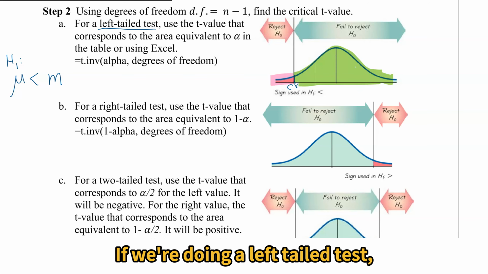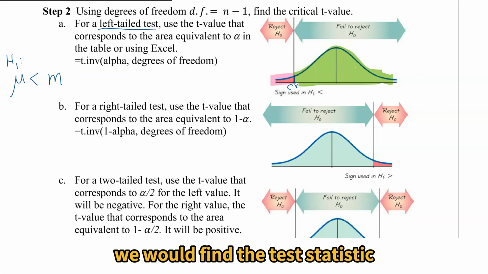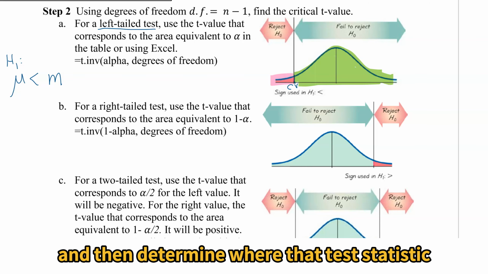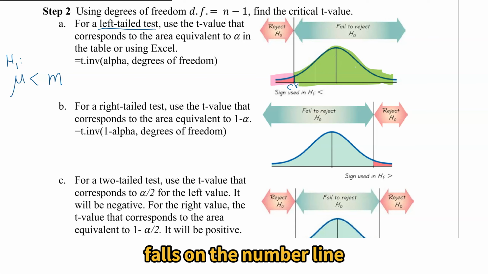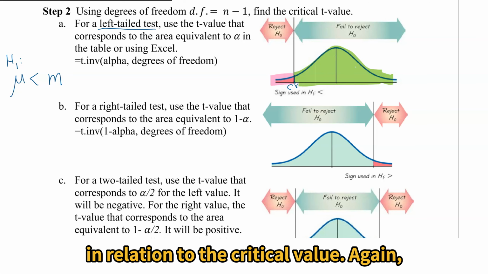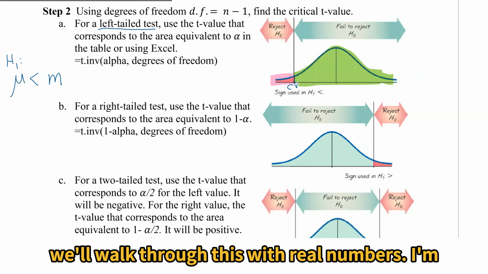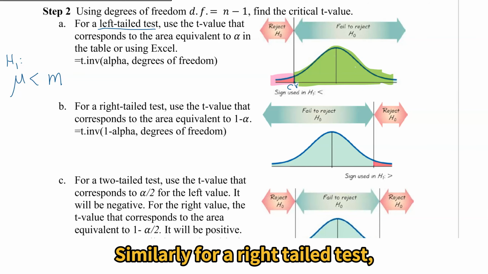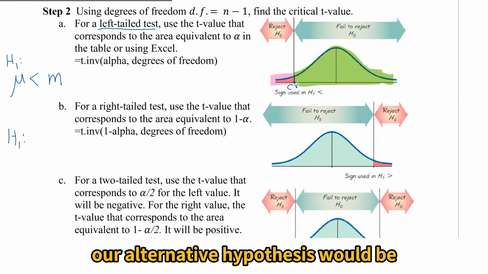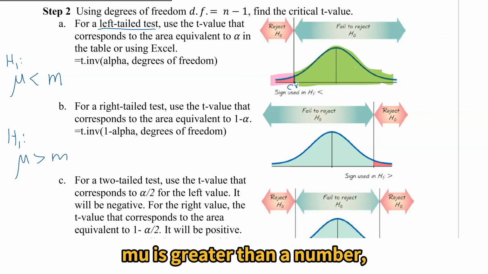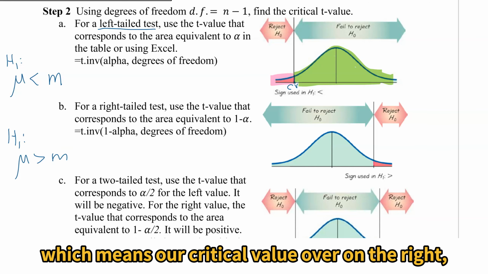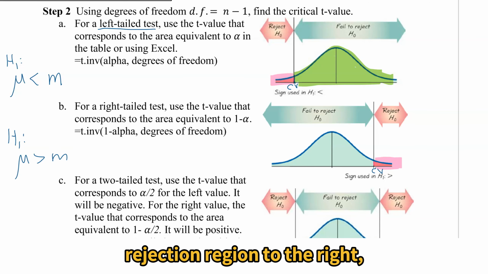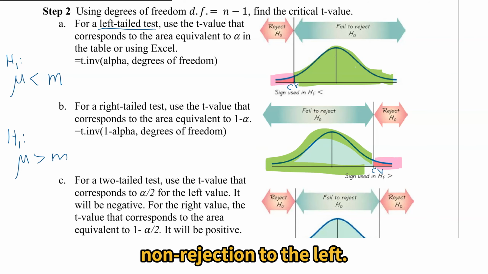If we're doing a left-tailed test, we would find the test statistic and then determine where that test statistic falls on the number line in relation to the critical value. Again, we'll walk through this with real numbers, but just trying to get you used to this idea. Similarly, for a right-tailed test, our alternative hypothesis would be mu is greater than a number, which means our critical value is over on the right, rejection region to the right, non-rejection to the left.